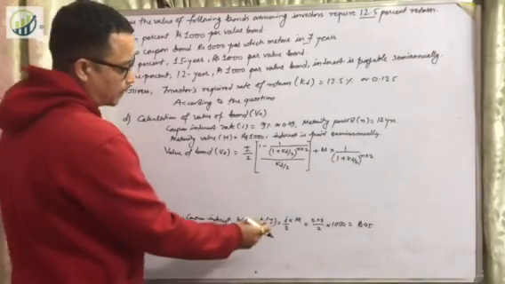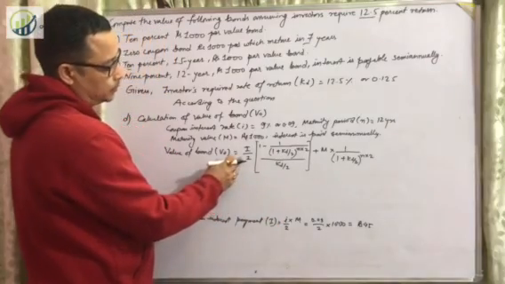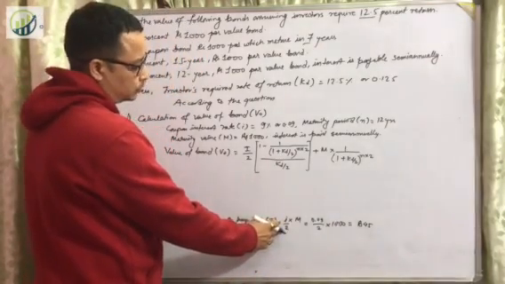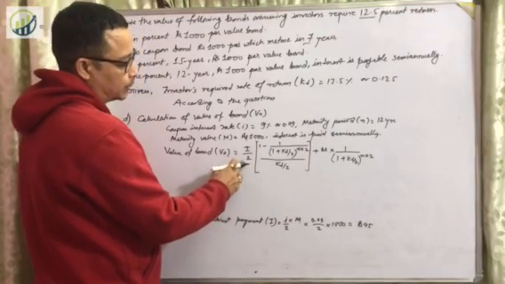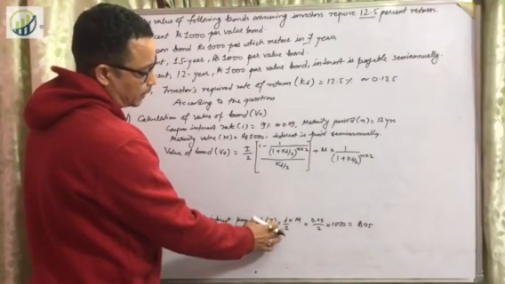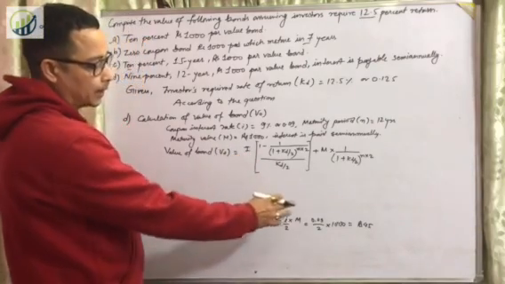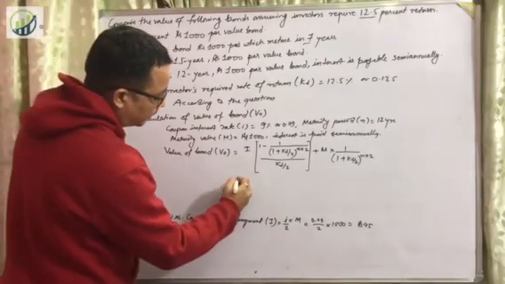So if you divide by 2 here, you don't have to divide by 2 again. If you don't divide by 2 here, then you can divide by 2 there. If I write divide by 2 here, then you don't have to write it again. Directly you can write the value of I as rupees 45.